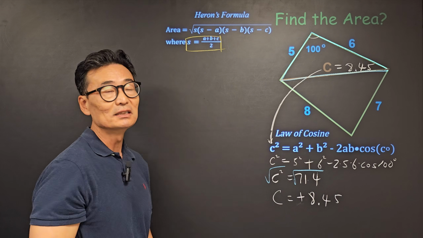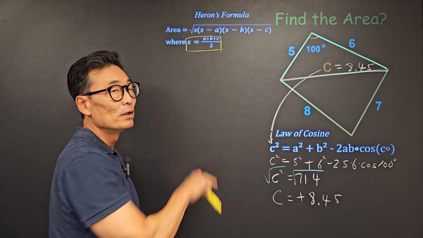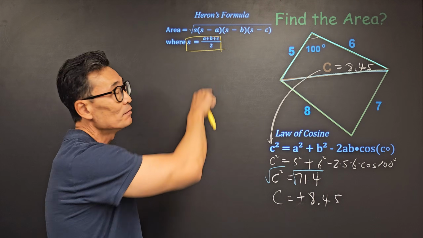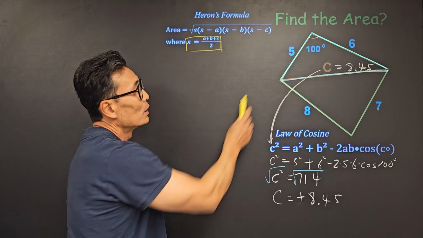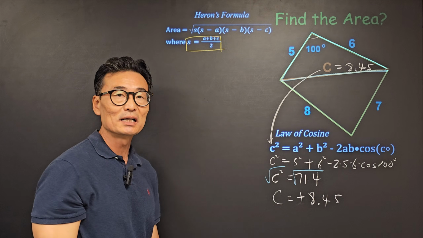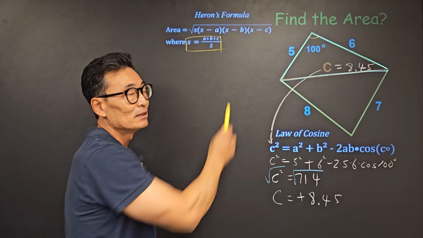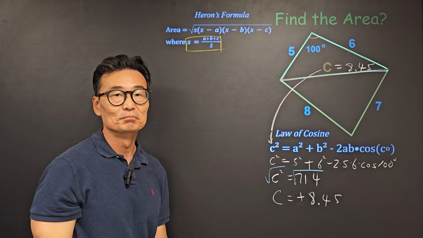Once you find C, we plug it in here, where the area will be the square root of S times S minus A, where again A is going to be one of the sides of the triangle, times S minus B, times S minus C.